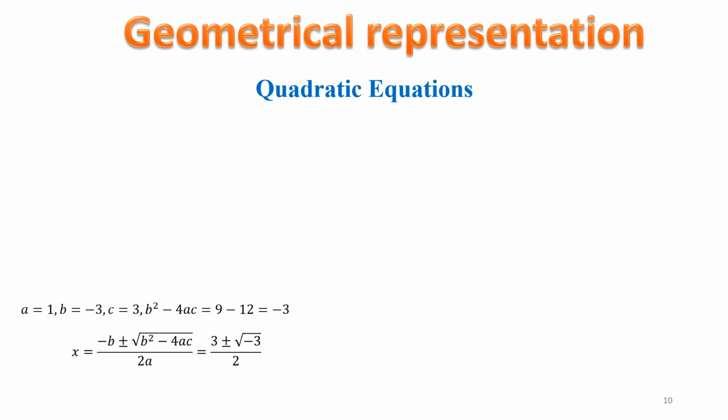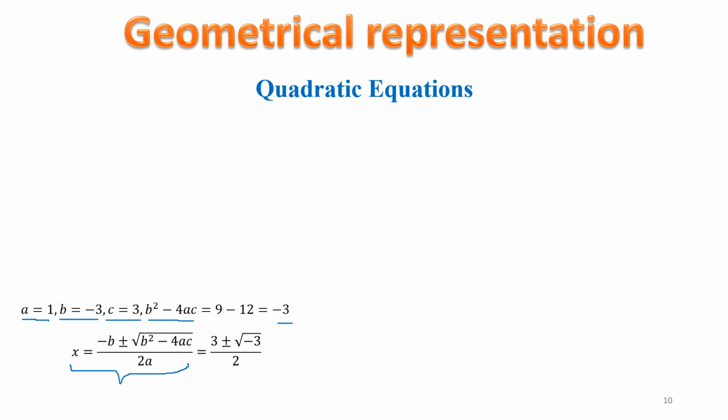Now we are looking at another equation where a is 1, b is minus 3 and c is plus 3. So you can explore b square minus 4ac, that returns the value minus 3, and then you can find out two roots.